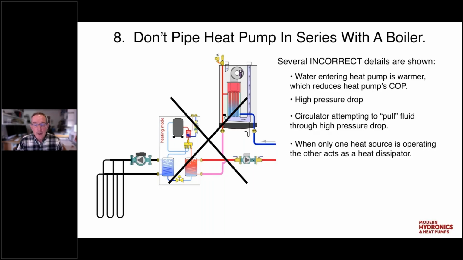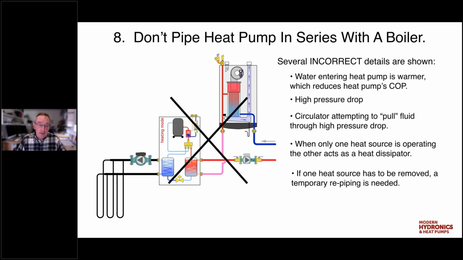Now, here's another one. When only one of those heat sources is operating, the other one, because it's always in the flow path, is just acting as a heat dissipator. You're going to have jacket heat losses. You're going to have heat losses from any components in an inactive heat source that you're pumping warm water through. And here's another thing.